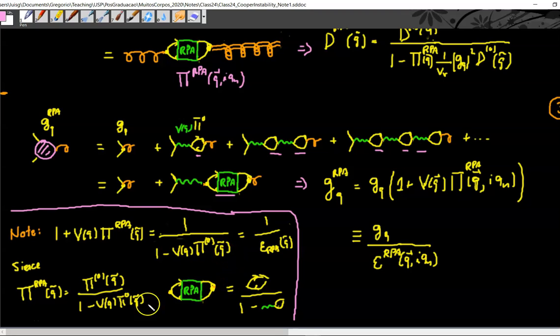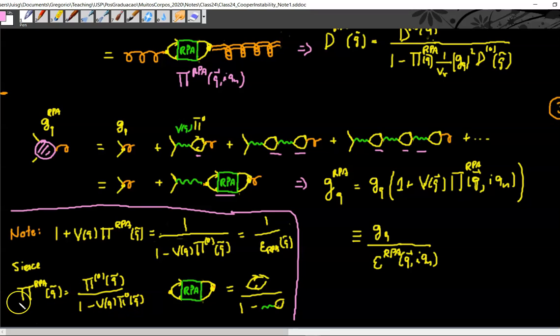Why is that? Well, if you remember, you can write this sum of RPA diagrams as a Dyson's equation, and you can solve it, and that would be pi 0 over 1 minus VQ pi 0.